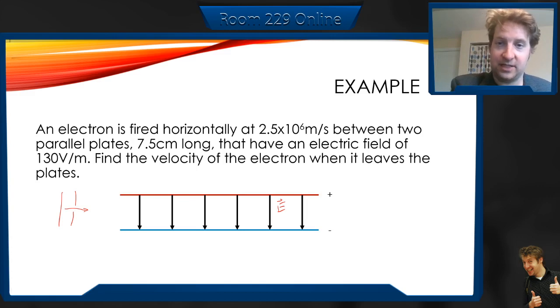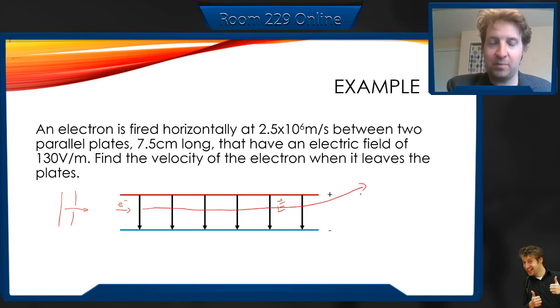Right? In this case, it'll be positive. I'm launching an electron into here. It's going to be attracted towards the positive, so it's going to be steered off in this direction. If I flip the polarity of those plates, I could steer it in the other direction.